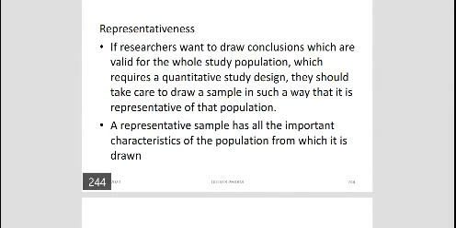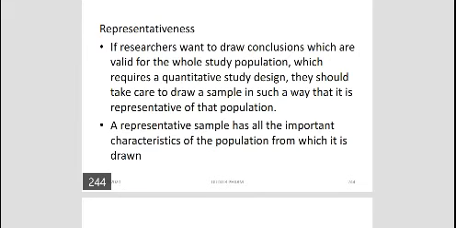Referring to what I've said before, when you have this sampling frame, you pick people from this sampling frame and call them the sample, or sampling unit, or sample unit. It means that these are representing the ones who remain.